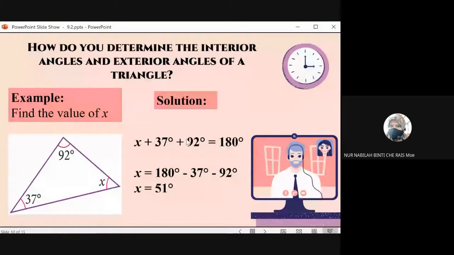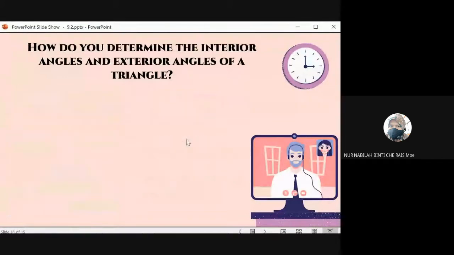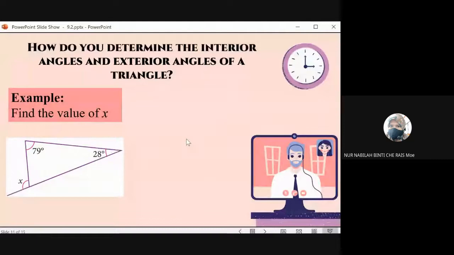Good. Okay, and then this one. Given 79, given 28, and given x outside here. This one we have two methods. Either you find here first. How to find here? This is a straight line, right? This is a triangle, right?